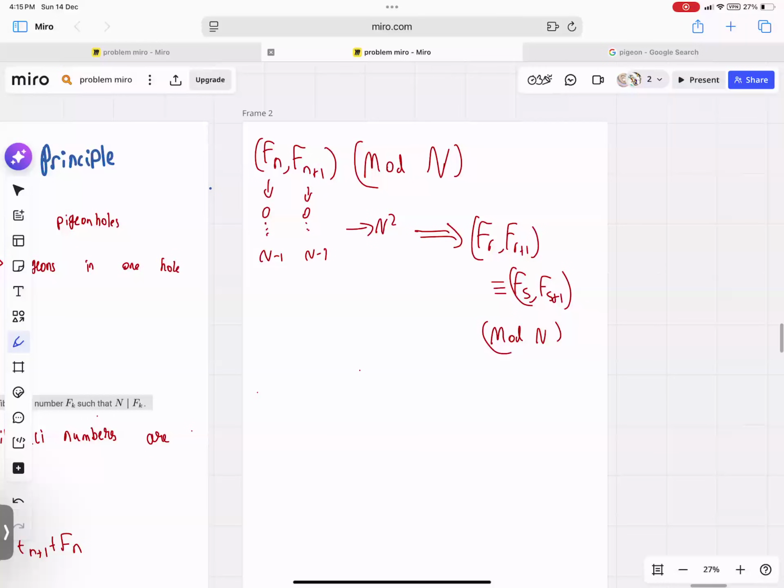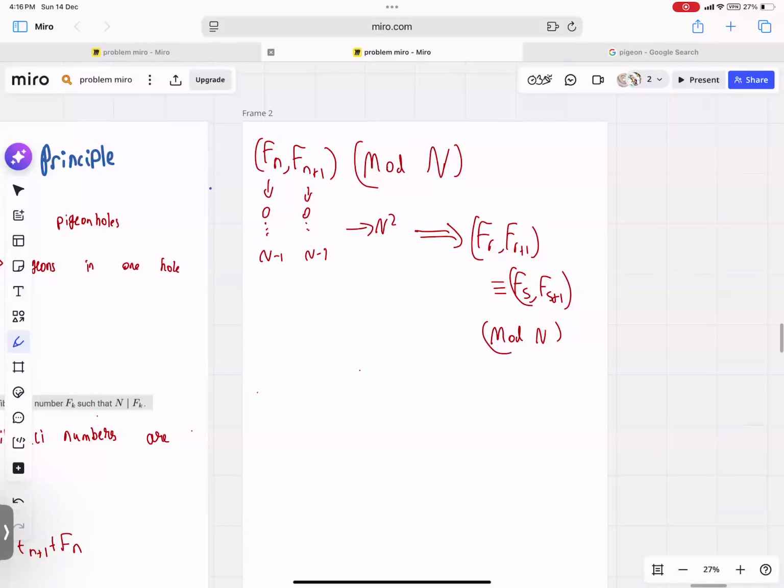Can someone explain why this helps? I mean, this essentially gives you that it's periodic mod n, because, right?